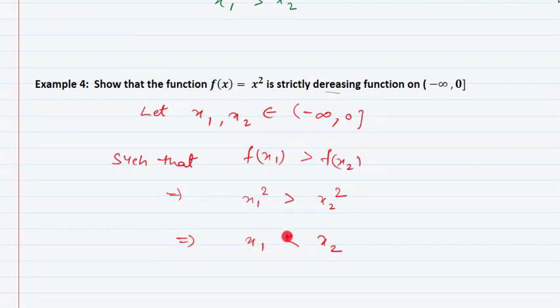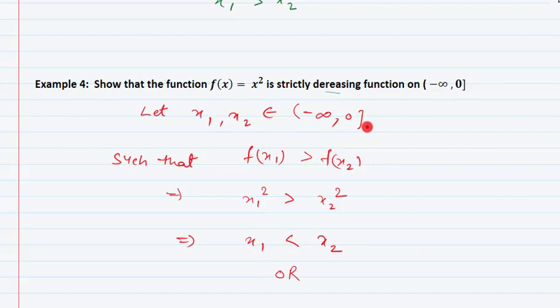Why is this so? Because here x1 and x2 are two negative numbers. So when we take the root on both sides, clearly we will get negative numbers and the sign will get changed.